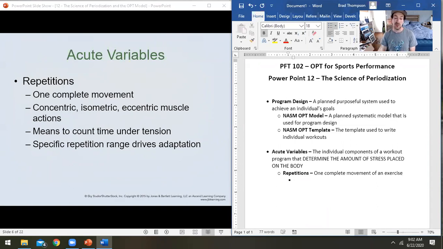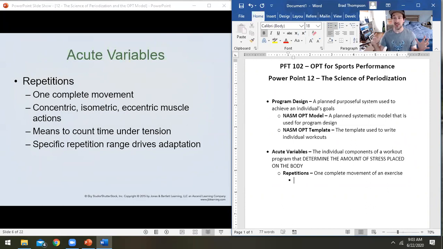Now, here's one of the most important things. It is a means for you to count the time under tension. Obviously, tempo is a big part of time under tension as well, but we use your repetitions to determine that. One of the reasons hypertrophy is sort of in the middle of everything is that it is a medium amount of time under tension, a medium amount of repetitions, a medium everything.